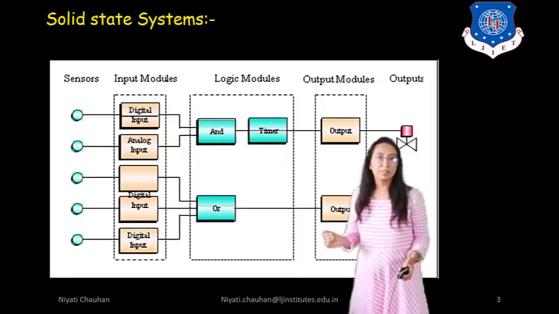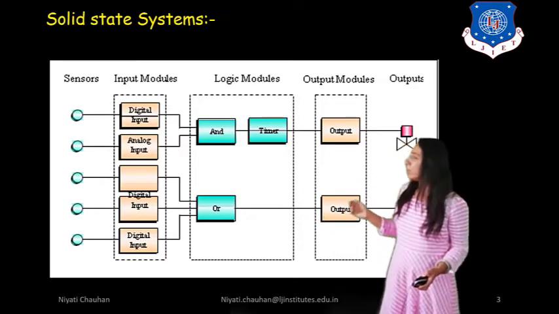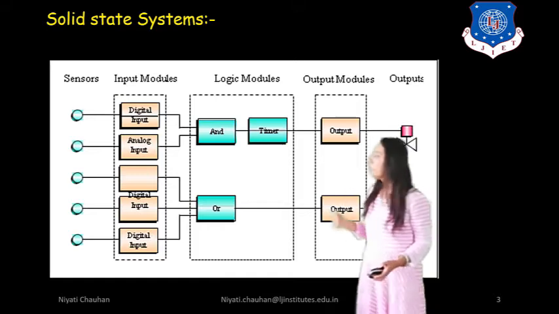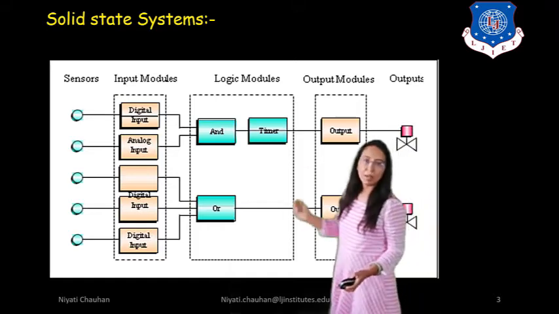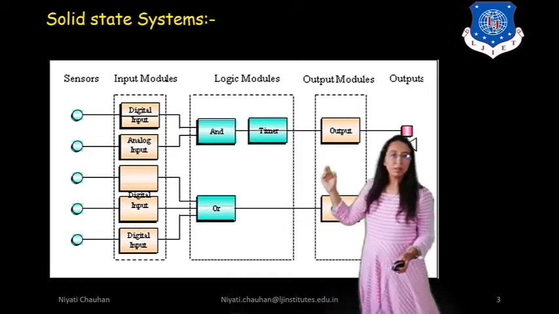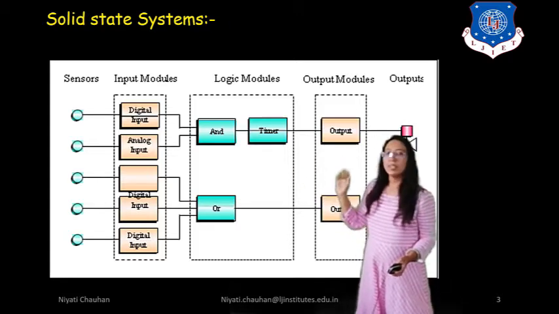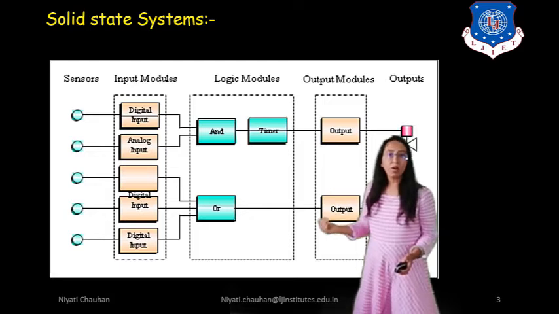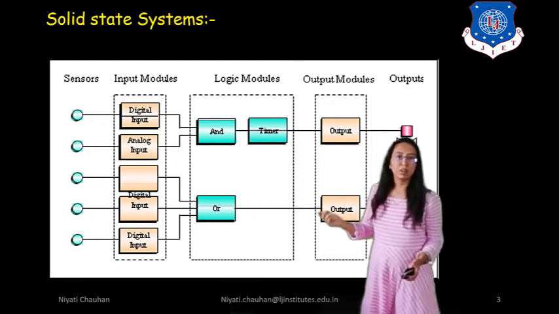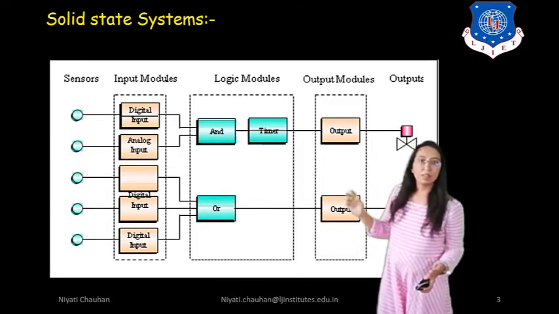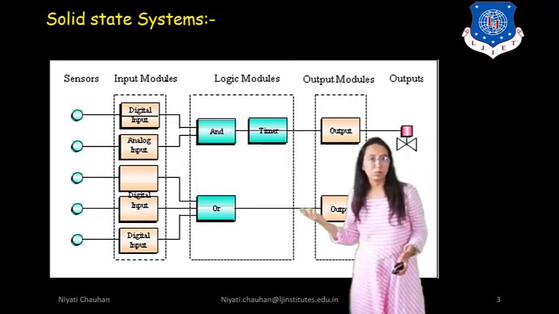Okay, so let's see the diagram of this system. Here you can see in this diagram sensors are available, connected with digital input and analog input. After this, the signal is sent to the logic modules.